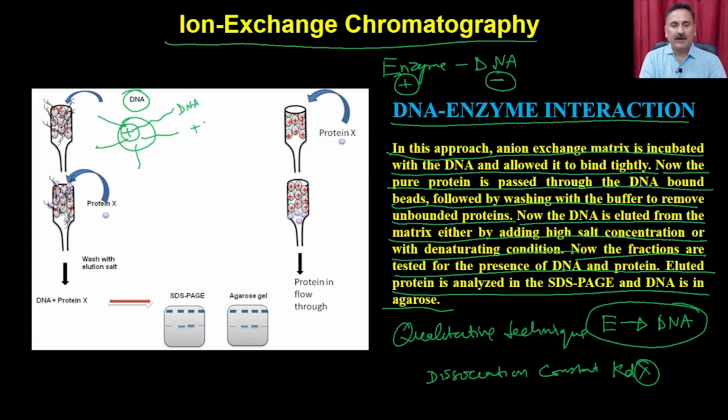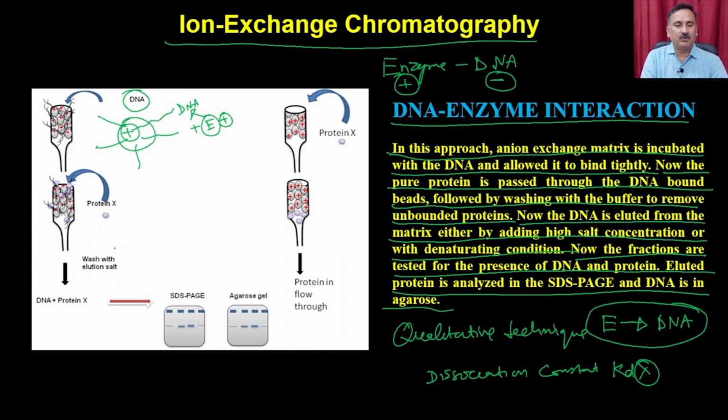And when you add the enzyme, it is going to have no affinity for the beads, because the enzyme is also positively charged, and the bead is also positively charged. So the enzyme will not bind the beads, but the enzyme will bind the DNA which is negatively charged. As a result, the enzyme is going to be bound to the DNA.